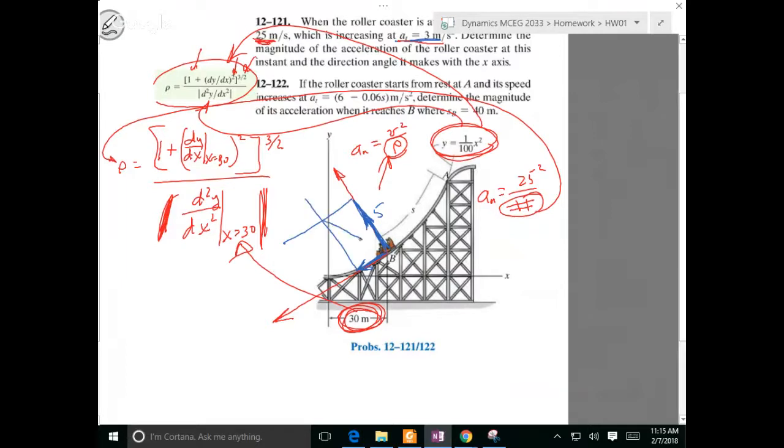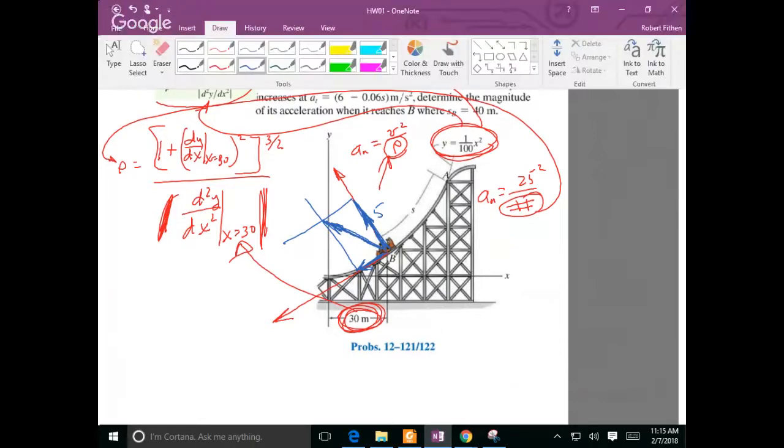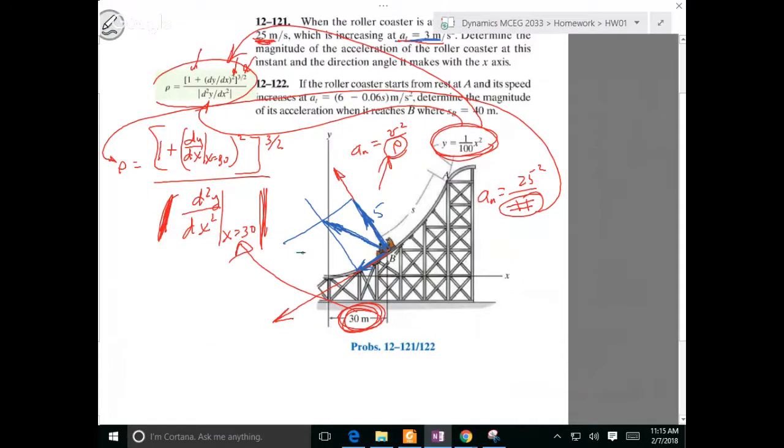Then you're looking at what this is. And now I'm guessing, I don't know if this is what he's looking for, but I'm guessing what he wants is that angle. That's a detail that to me is kind of insignificant.